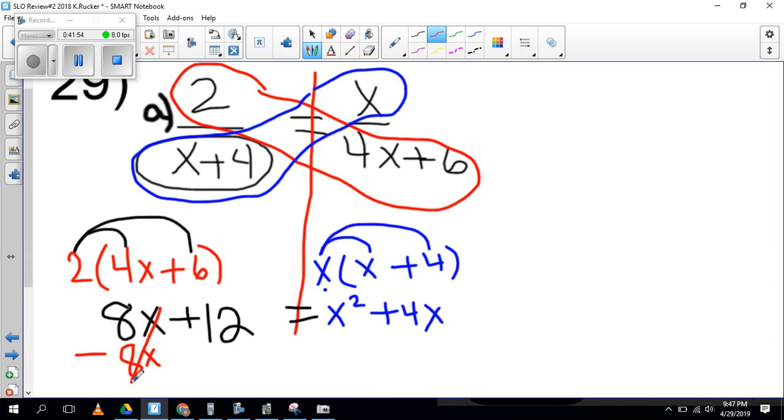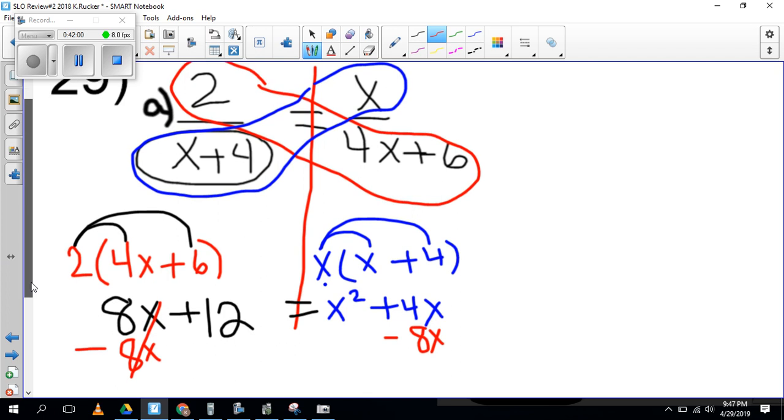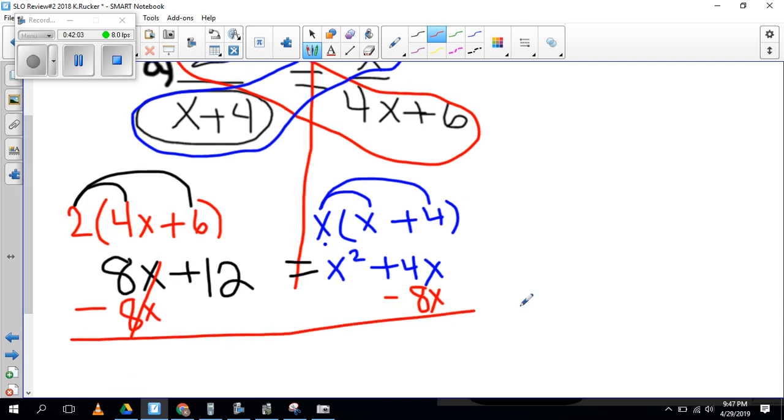Whatever you do to one side, you got to do to the other. But I can subtract it from the 4x because they're like terms. So I get 12 equals x squared, 4 minus 8 is negative 4x.